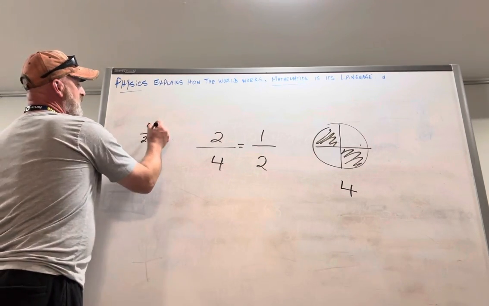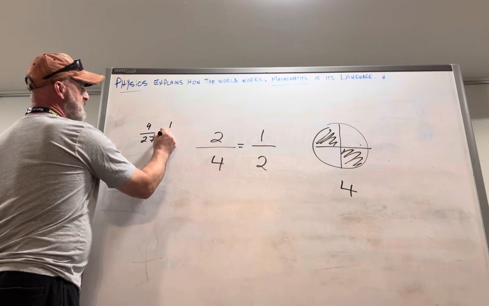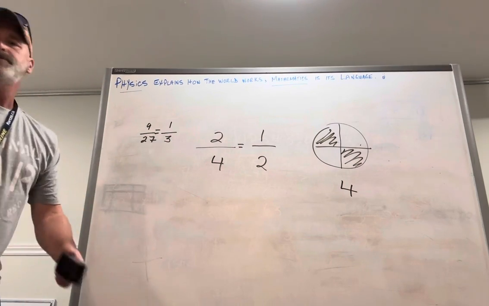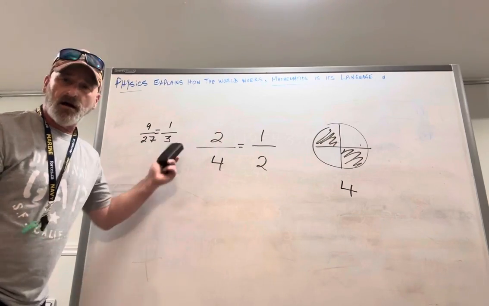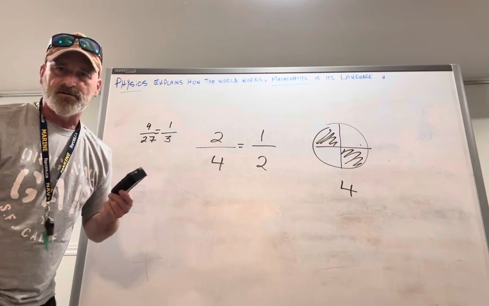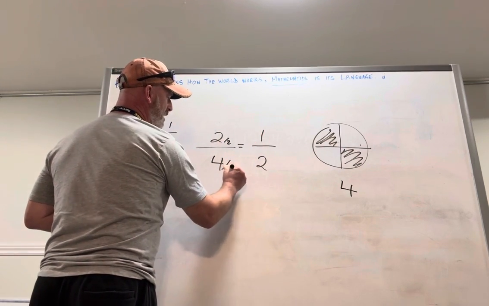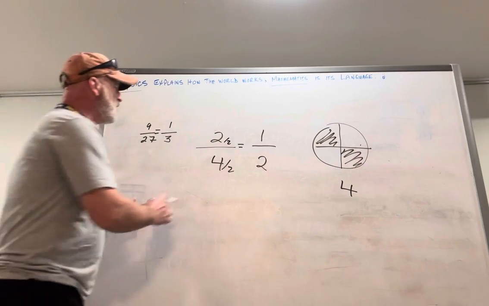So I would say, well, 9 goes into 9 once, 9 goes into 27 3 times. That's how I would do it, right? Now you're gonna have your own ways and go, well, in this case, I would say, the top and the bottom number divide by 2. If I divide the top number by 2, I get 1. If I divide the bottom number by 2, I get 2. That's it. That's all there is to it.